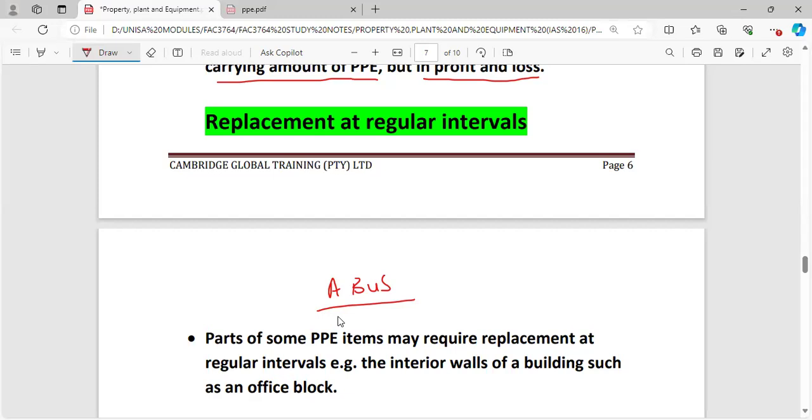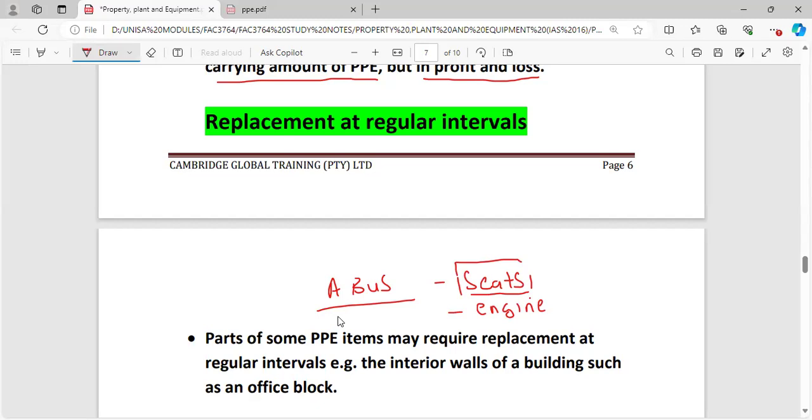You will see that there are things like the seats for the bus and the engine for the bus. Their useful life is different. The seats need to be replaced at regular intervals. And when we replace these seats at regular intervals, they are going to increase the carrying amount of the bus.